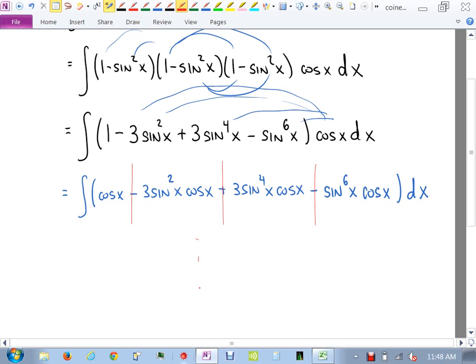So, dot, dot, dot. I'm not doing any more of that. Well, sine x minus sine cubed x plus 3/5 sine to the 5th x minus 1/7 sine to the 7th x plus c.